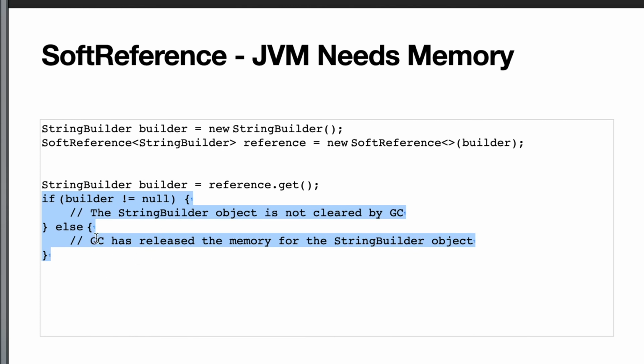So again, this is why it's a good candidate for caching, where you can use the memory if it's available for improving the performance of your application. But if the application itself needs more memory, then that cache can be discarded. I'm sure there are other use cases for this, and you can suggest some in the comments below the video.